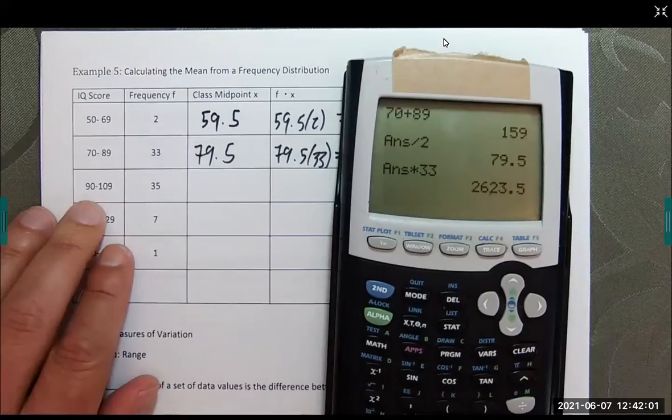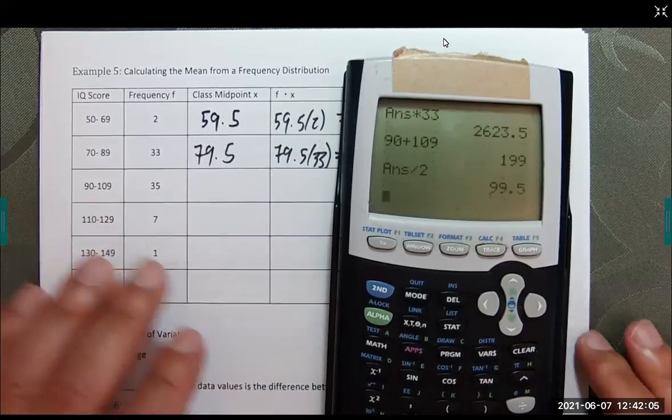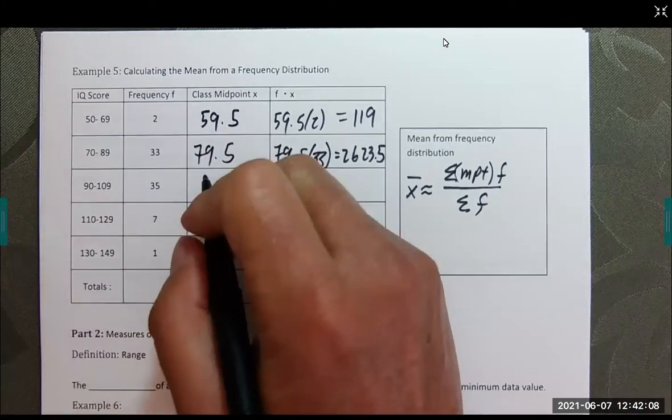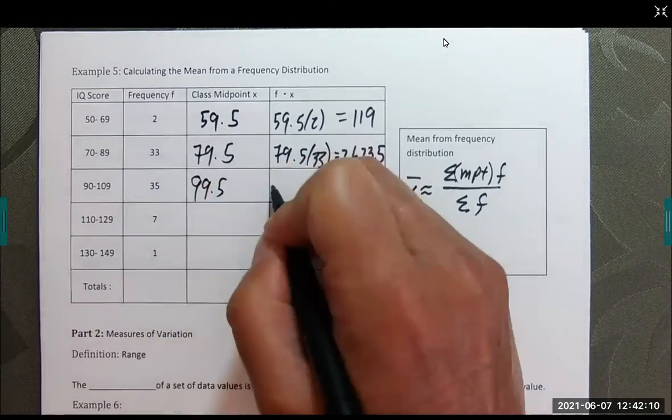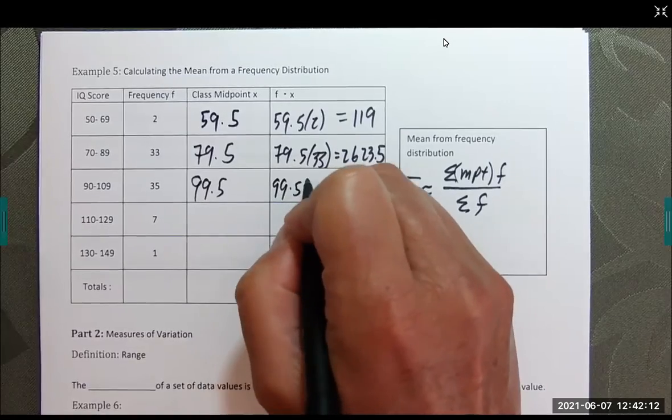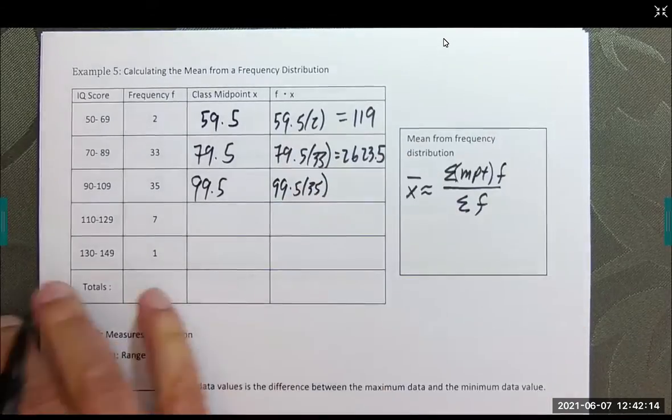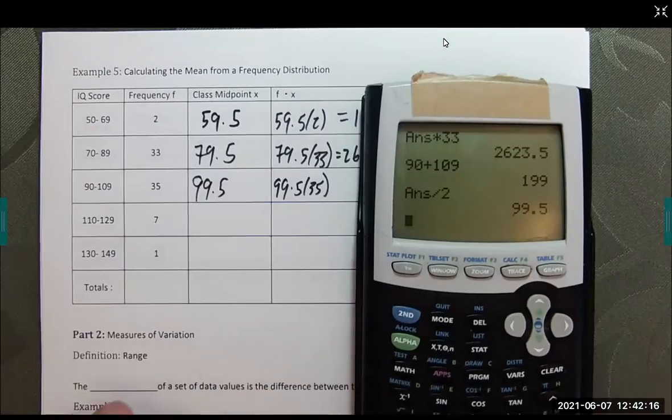Next up, we have 90 plus 109 divided by 2. It's 35.